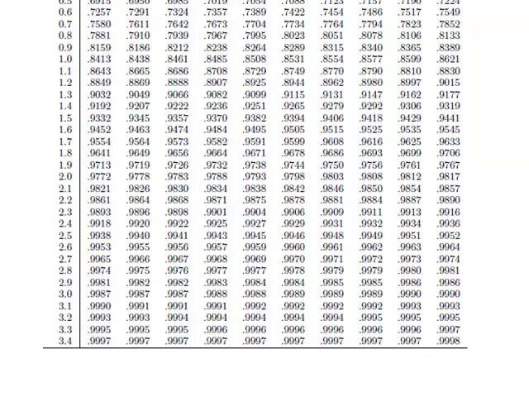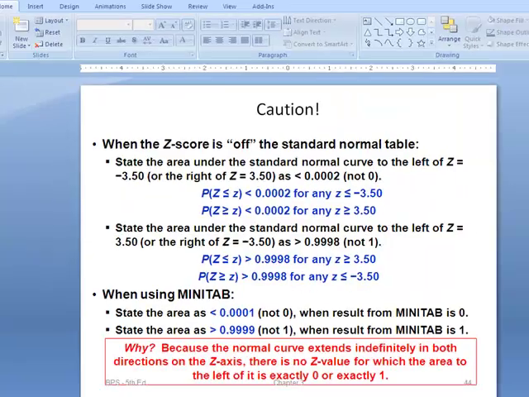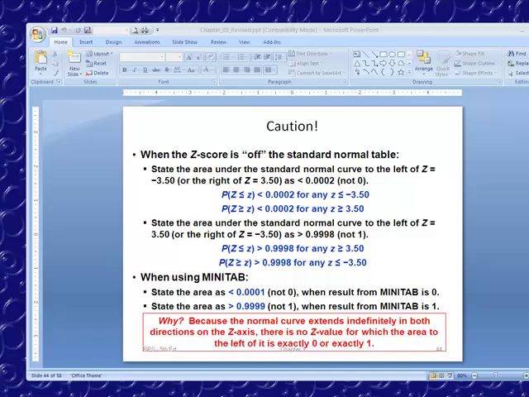So for any number greater than 3.49, like 3.5 or 4.2, we would just say that the probability that z is less than that has got to be greater than 0.9998. So please make sure that you look on slide 44 and look at these conventions and make sure that you follow them.